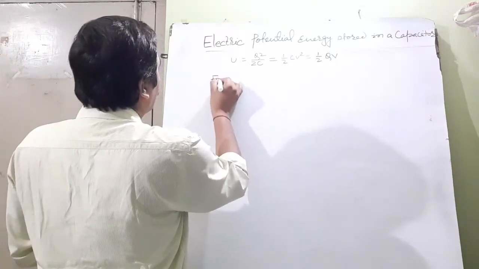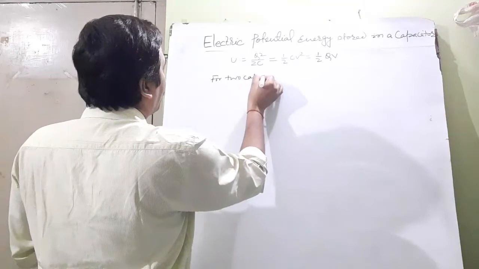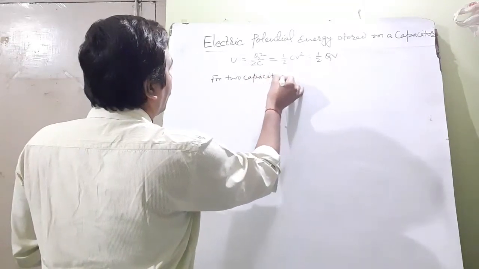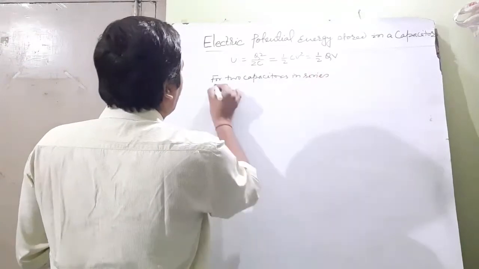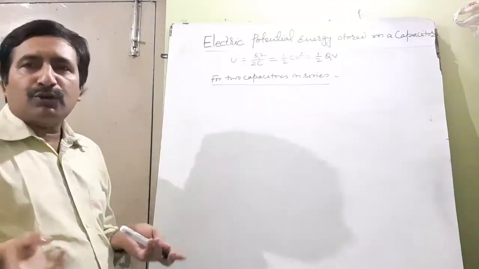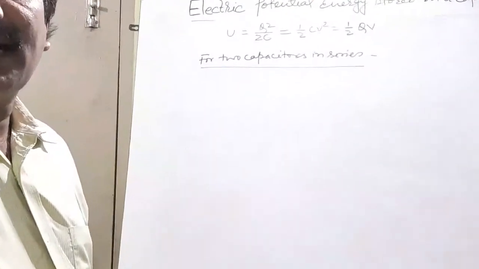For two capacitors in series, both of them will have equal charge.